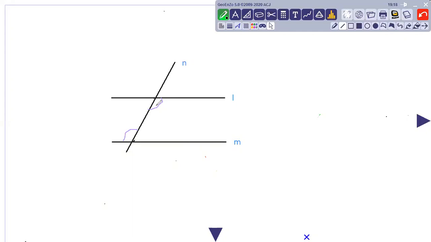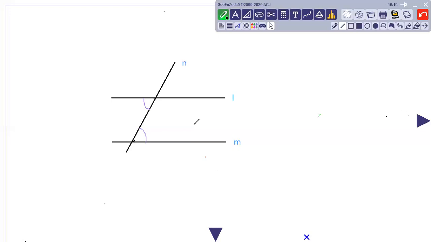One is in the upper portion and the other is in the lower portion on a different side. Alternate interior angles are equal. So these two angles will be equal. Similarly, this angle and this angle will also be equal.